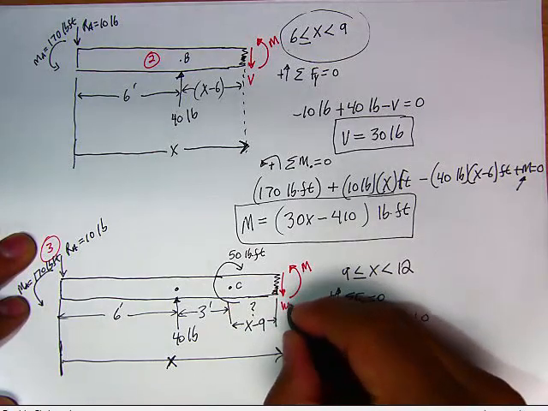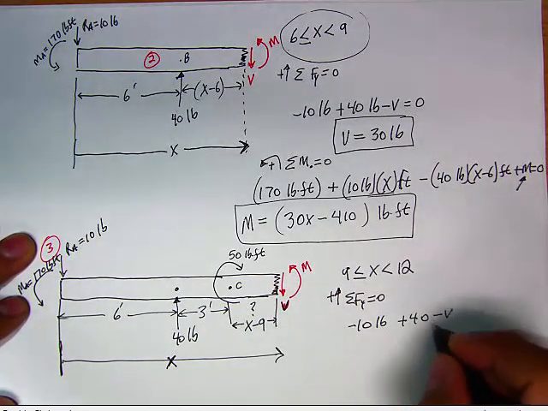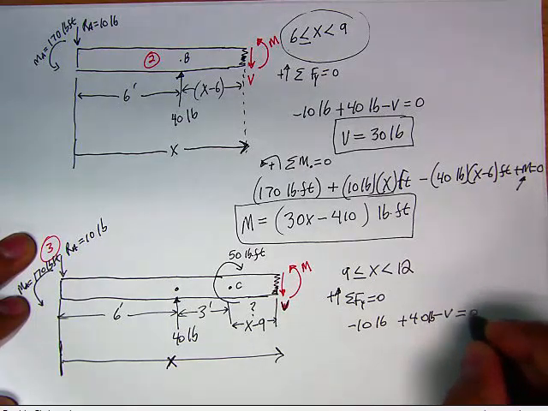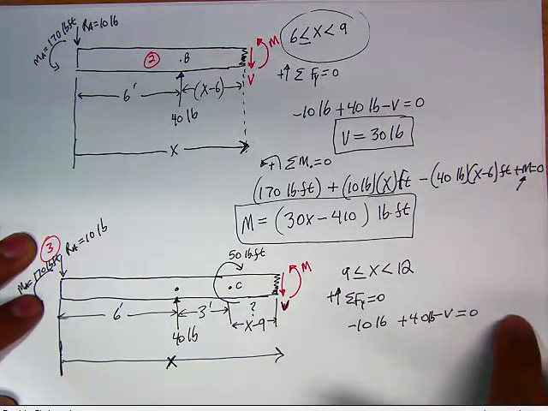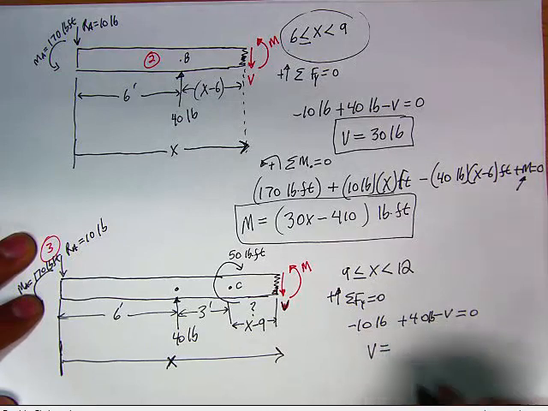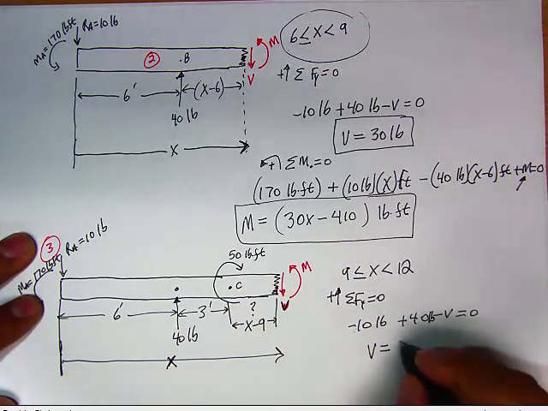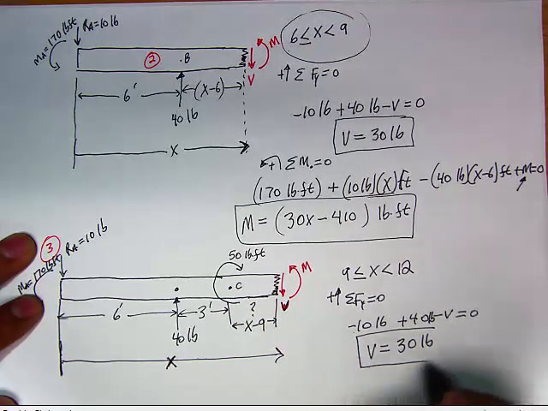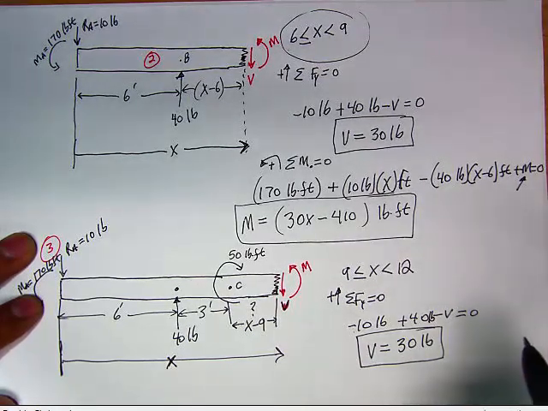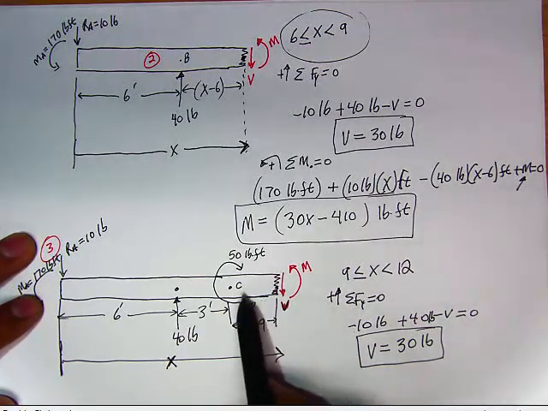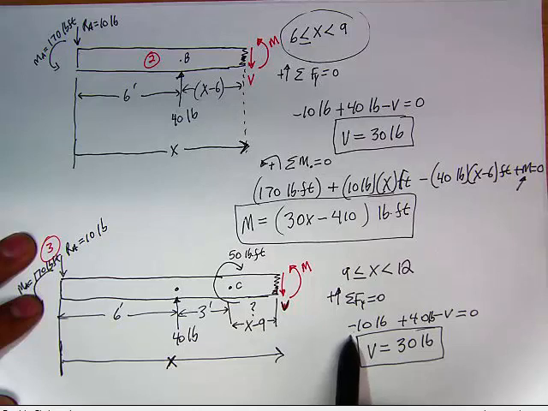Minus V. Equal to 0. V is equal to, again, 40 minus 10, 30 pounds. So it has the same value as before. And that's one thing you're going to notice, that a moment, such as this, does not have an effect on our shear. It only has an effect on our moment diagram.